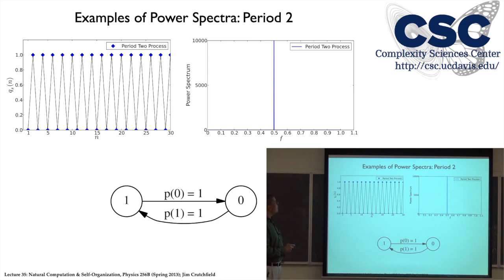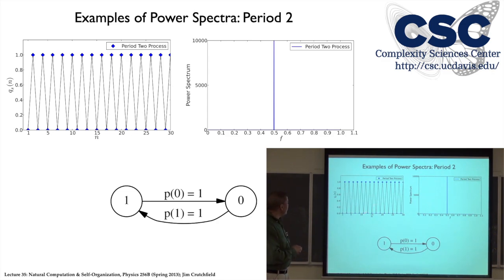A little bit of thought will convince you that the correlation functions have to look like this: any two spins, any two symbols that are an even distance apart have to be the same. And if they're an odd distance apart, then they have to be different. So my correlation function just oscillates between 0 and 1 back and forth.